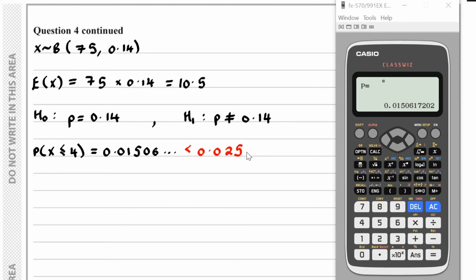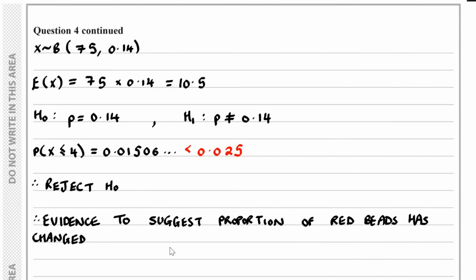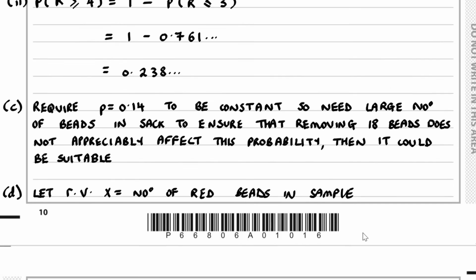We've got a two-tailed test, remember? And so what can we do here? Well, what we can do then is reject H0, and if we reject H0, there's evidence to suggest that the proportion of red beads has changed.